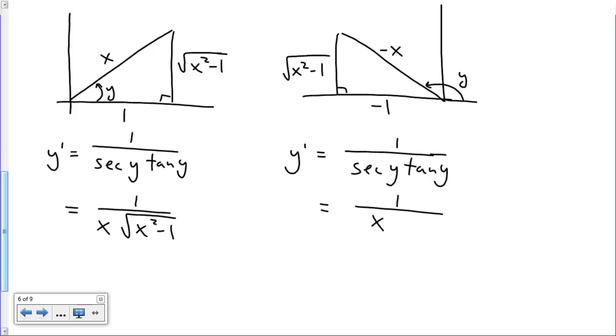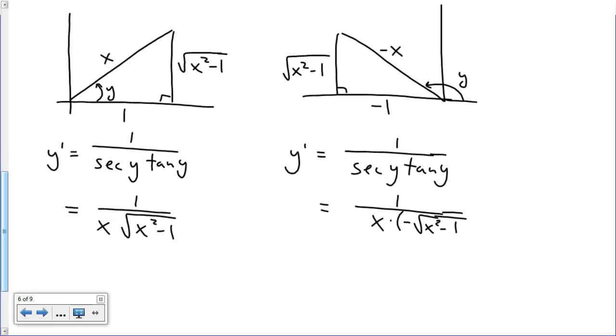The tangent of y, though, this time is going to give me that square root of x squared minus 1 divided by the negative 1, the opposite over the adjacent side. So now this is actually a negative square root of x squared minus 1. Instead of dividing by a negative 1, I'll just put the negative 1 out front there.